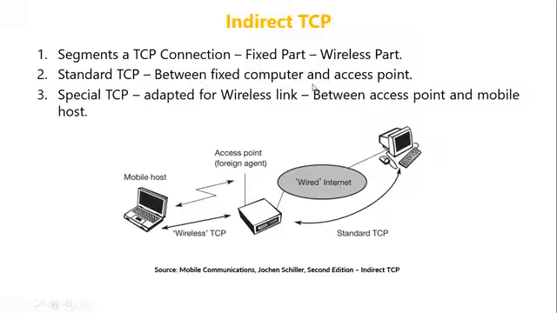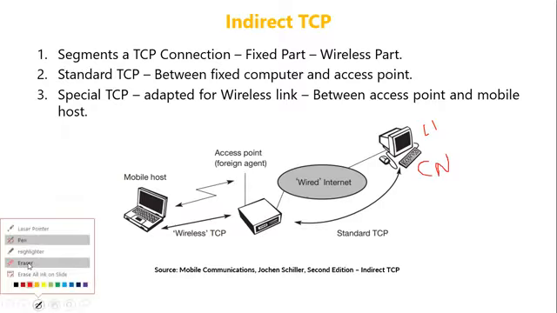Okay, so in this diagram you can see there is an access point, and the connection between the access point and this computer. Here let us consider this computer as the CN, that is the correspondent node. The communication between the access point and this CN will be through traditional TCP.